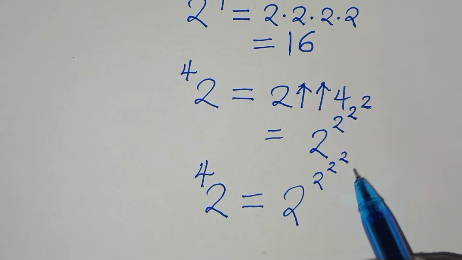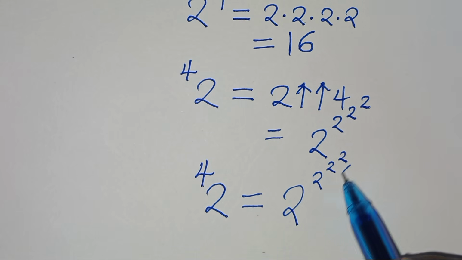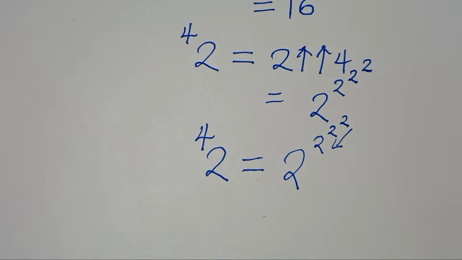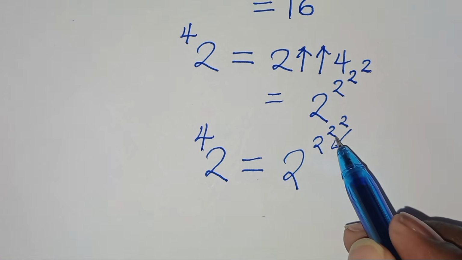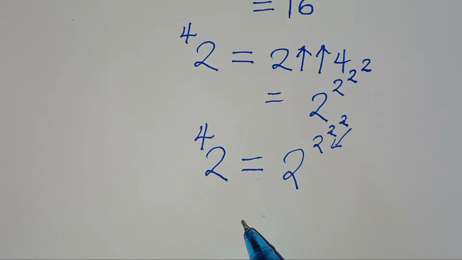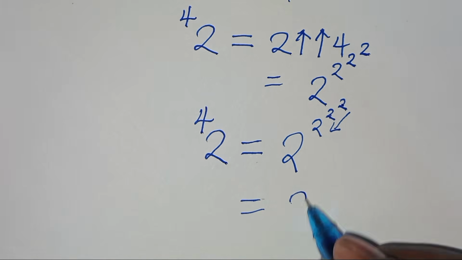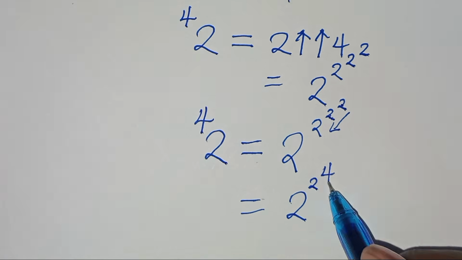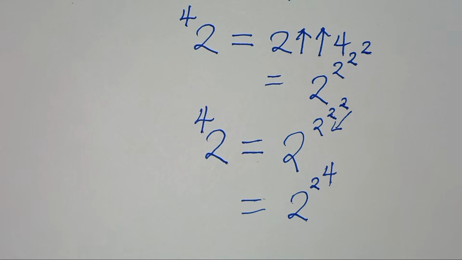So we solve from the right to the left. So this means that we have 2 times 2. So that now, here we have 2 raised to the power of 2. Then 2 times 2 here is 4. Now, we have 2 to the power of 4.